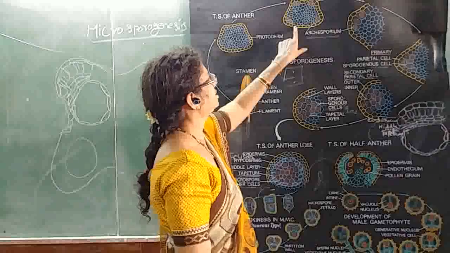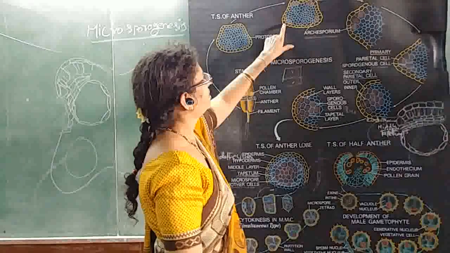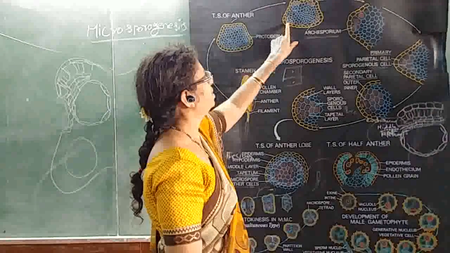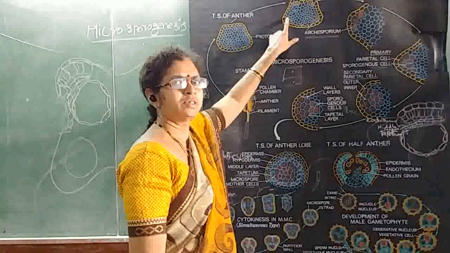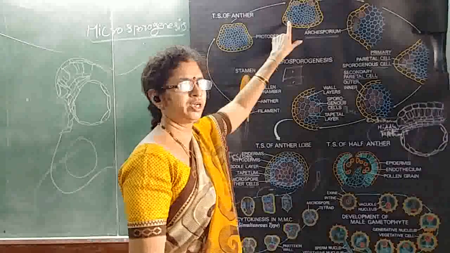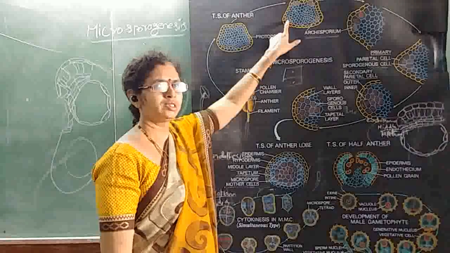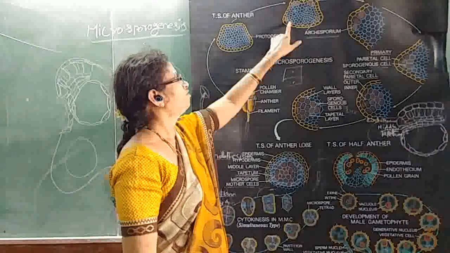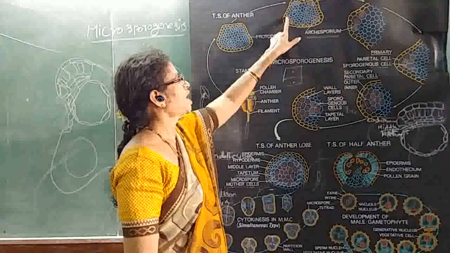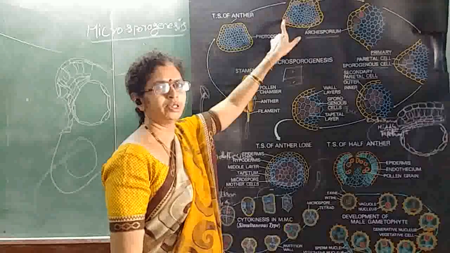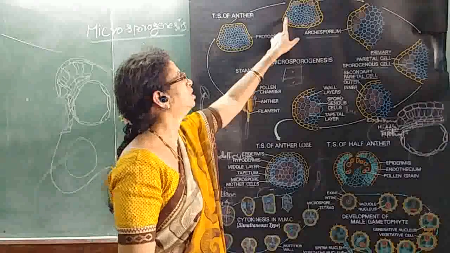In later stages, below the epidermis, there are some cells differentiated. Those cells are known as archisporial cells. These are fertile cells. These are hypodermal in nature, that means below the epidermis.